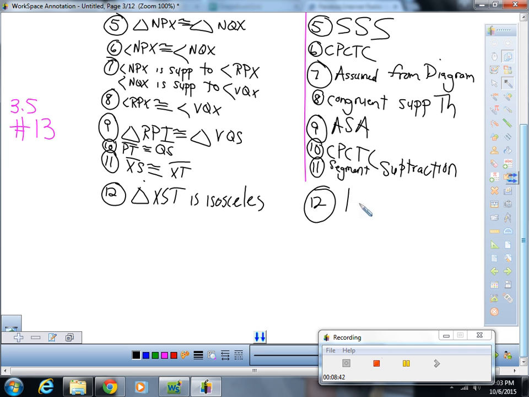That's the only reason I have to prove that something's isosceles. What do you mean, how are we supposed to do that? Like that. Right. Boom!